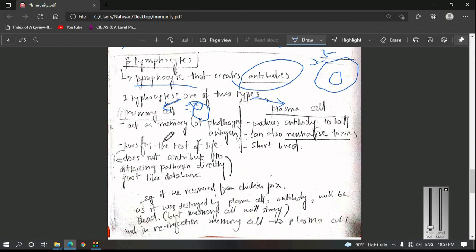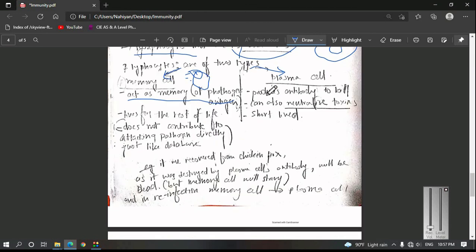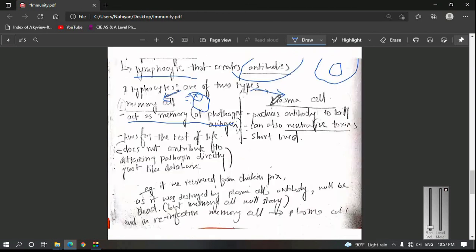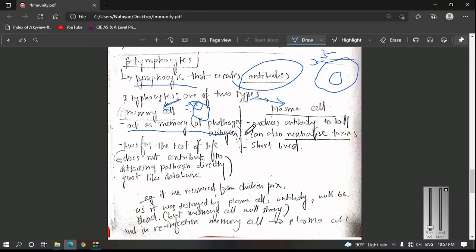So they act as a memory of pathogens, and the plasma cells are the functional ones. They actually produce the specific antibody. This is the antibody, and this is the antigen of the pathogen.